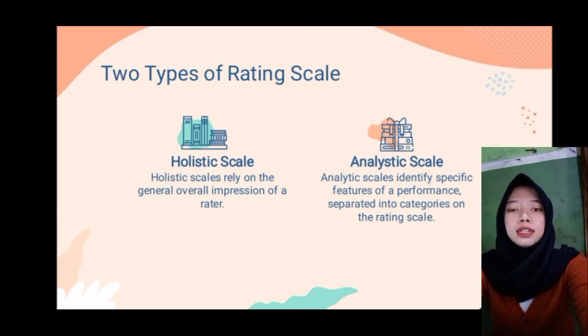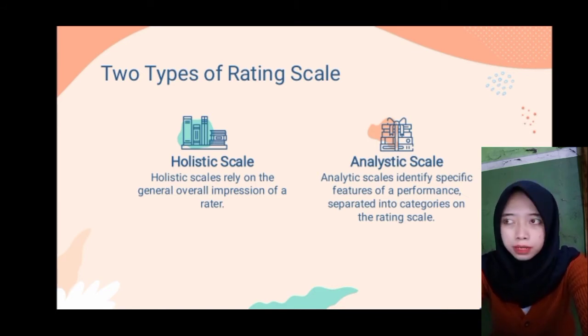Now the second type, analytic scale. Analytic scales identify specific features of a performance separated into categories on the rating scale. Analytic scales are often preferable in assessment contexts because they provide so much information to teachers and students about the specific aspects of a performance that need attention or development.